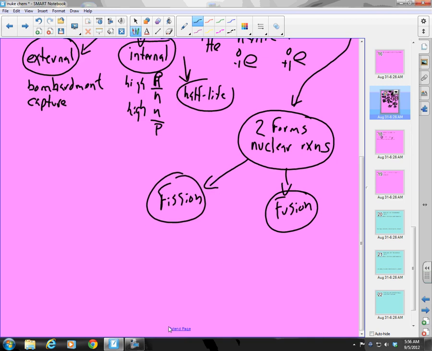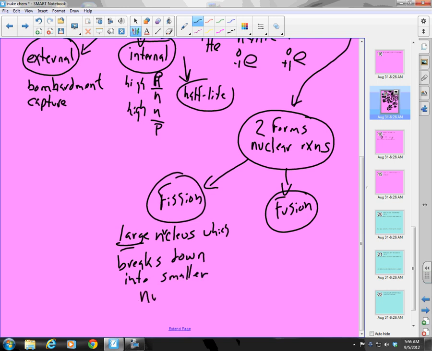Fission is when I have a large, and that's a relative term, nucleus which breaks down into smaller nuclei.